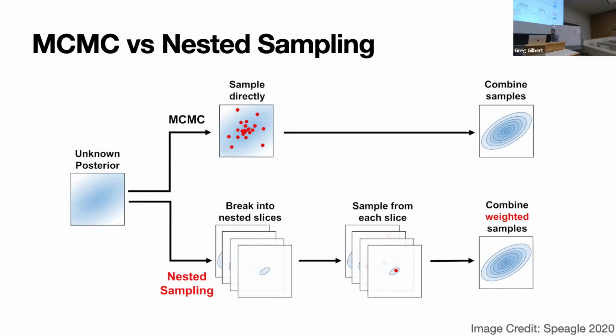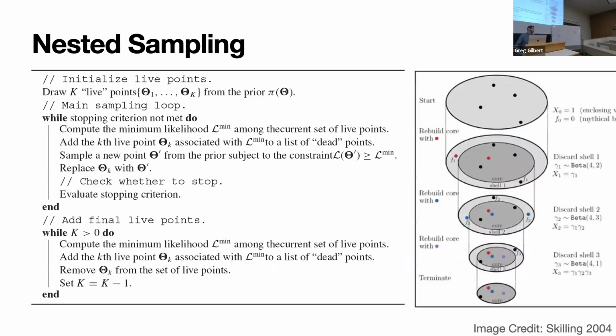And so the challenge becomes determining where the equal likelihood contour levels are. The way you do that, you start with some prior space, some prior volume, and you throw down a whole bunch of what are called live points.